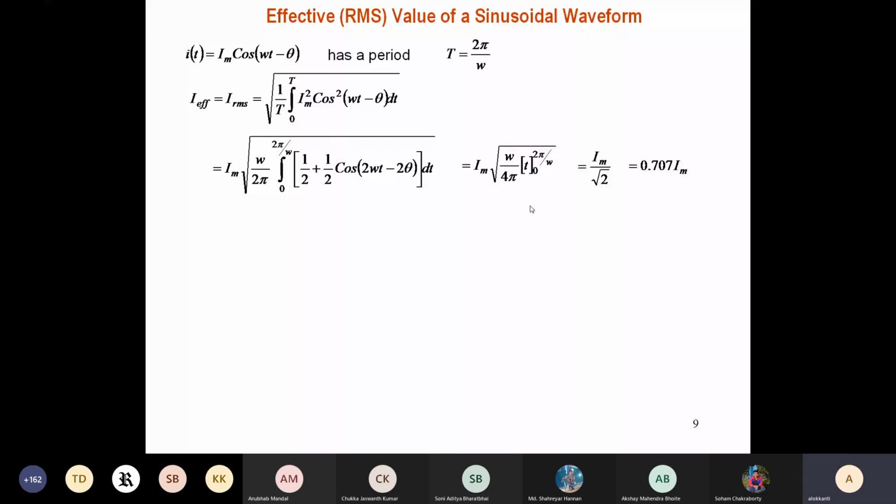Effective value is basically the DC value. The effective value has become equal to 0.707 times the magnitude of Im. All of you have got this? Yes, sir.